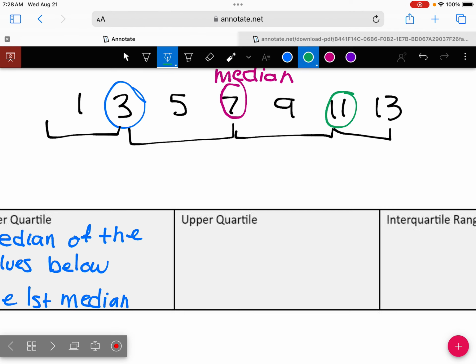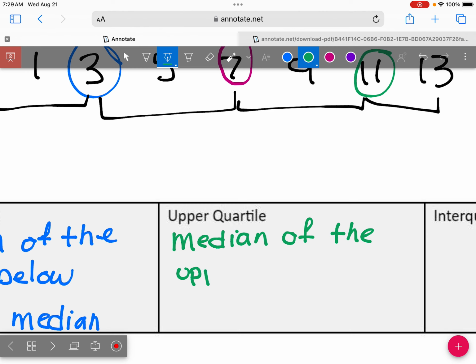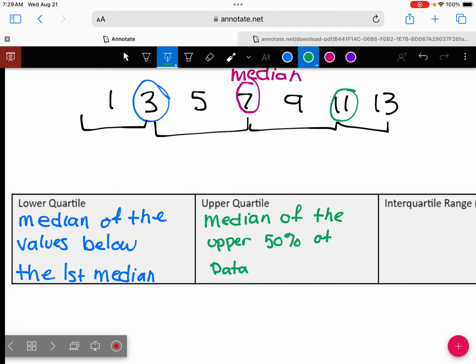Another way to word this: the upper quartile is the median of the upper 50% of data. We find the median, and then the median of the smaller numbers, and then the median of the bigger numbers.